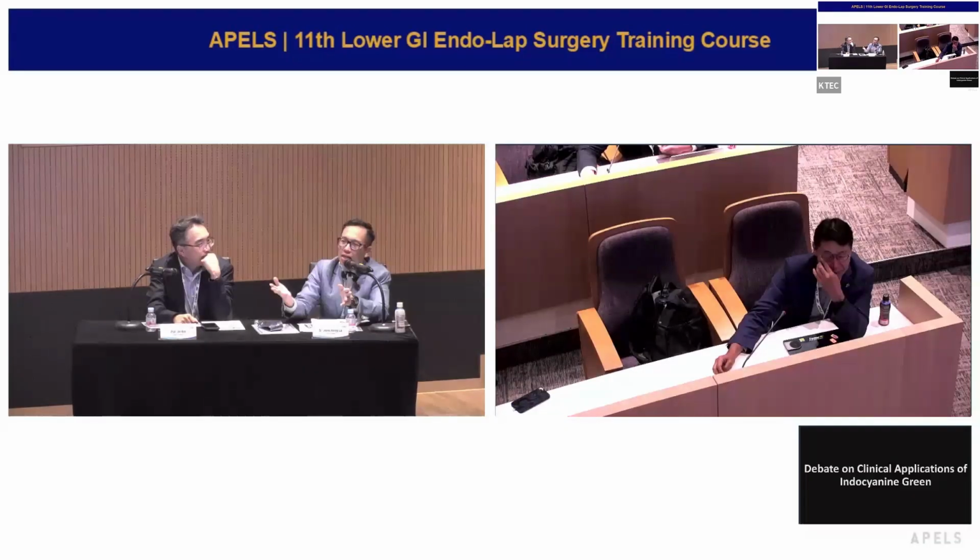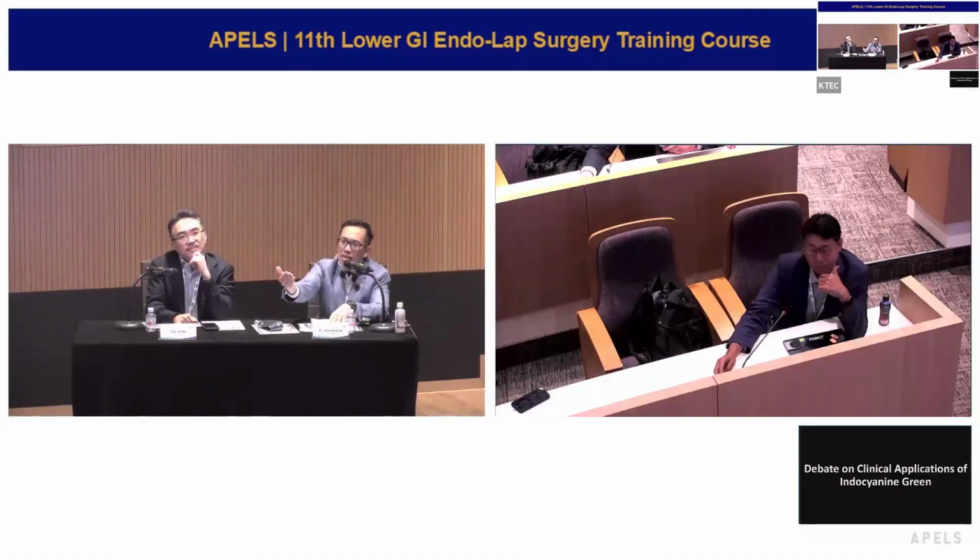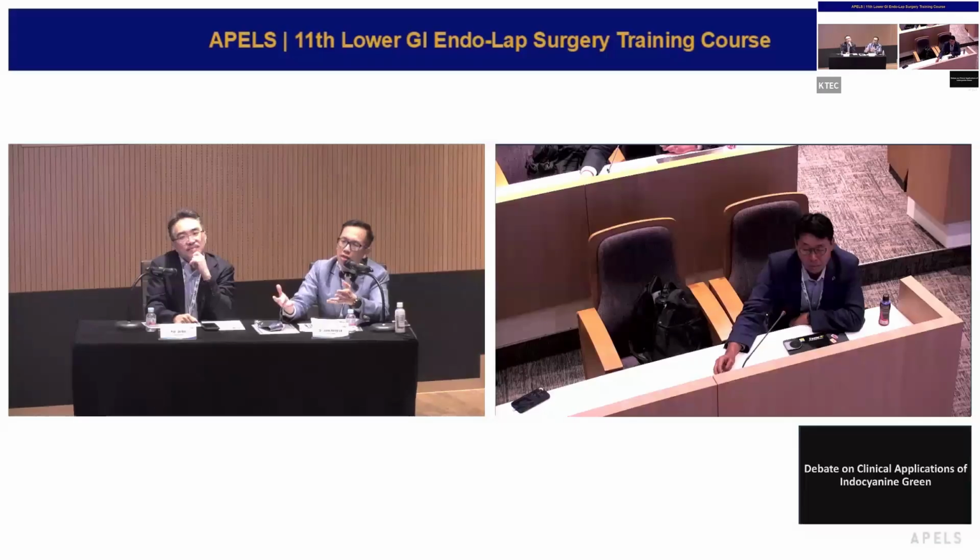But it is true, odds can be goodies. So I think the debate is still out there for perfusion study, because there will be people not wanting to use the system. I guess I didn't use it until my hospital had the system. And when I use it, even if it's 100 cases and there's one that changed my surgery, I consider it a benefit for the patient. Because I similarly always thought that right hemicolectomy, I wouldn't use it, because the right colon and small bowel is full of nice blood flow.